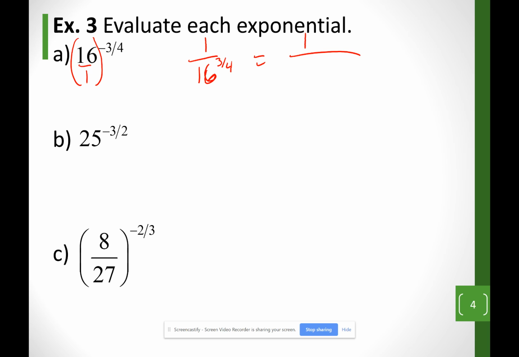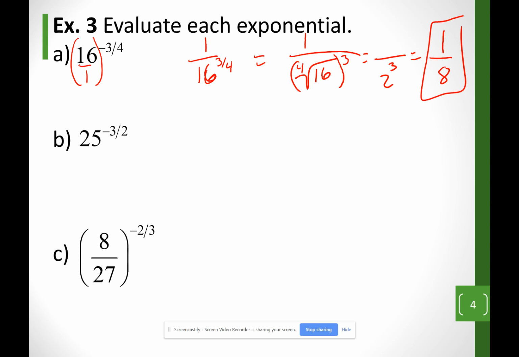At the bottom, I have the fourth root of 16 to the third. I know the fourth root of 16 is 2. So I'm looking at this as 2 to the third, better known as 8. And the top, obviously, I have a 1. So my answer is 1 over 8.